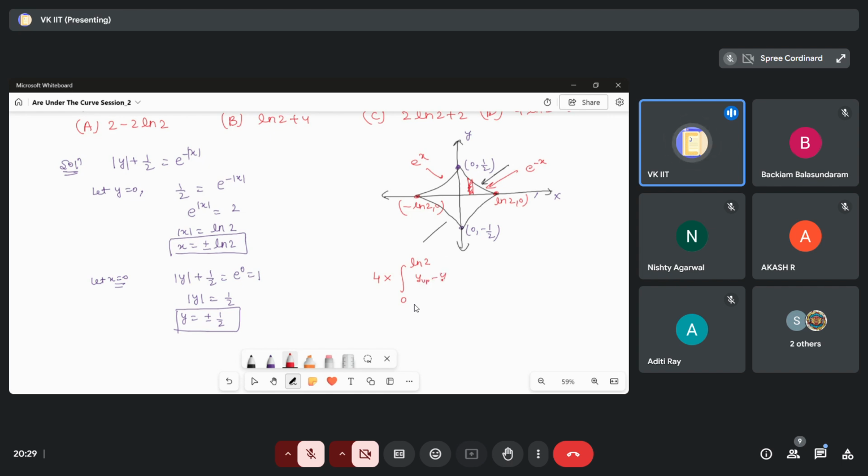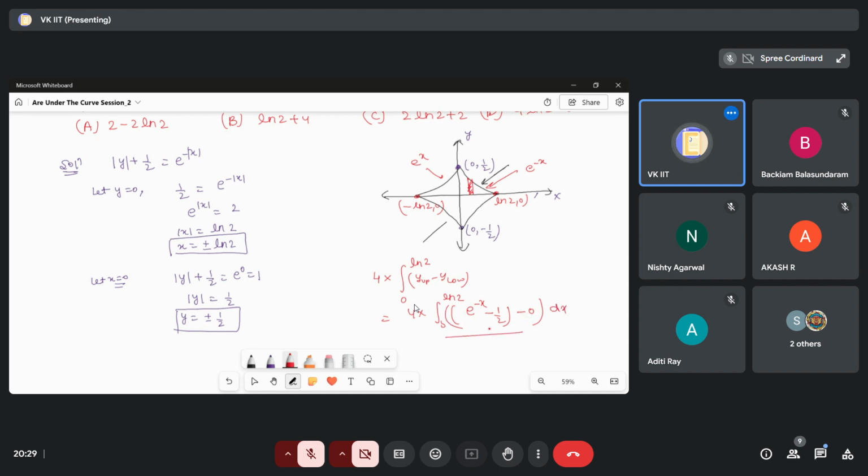So y upper minus y lower, y lower will be 0. So 4 times the integral from 0 to ln 2, y upper will be e to the power minus x minus 1 by 2, right? Because we are finding the y value, and y lower will be 0, dx.